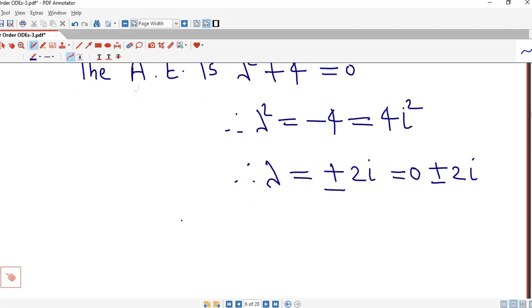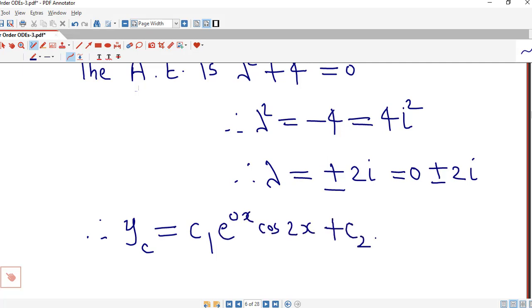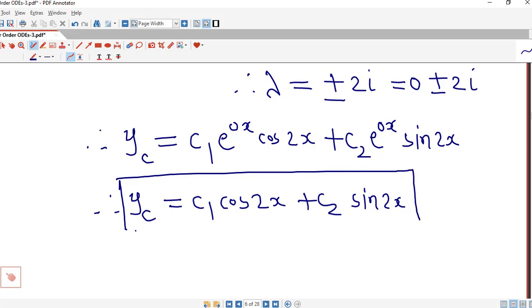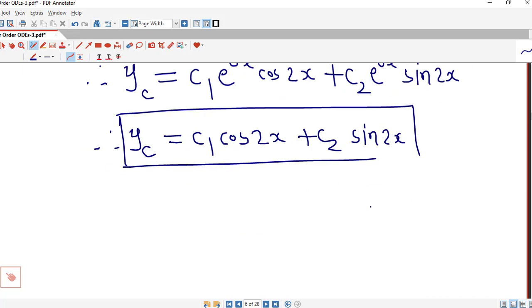So we have a complex pair, therefore the complementary function yc equals c1 e raised to 0x cos 2x plus c2 e raised to 0x sin 2x. c1 and c2 are arbitrary constants, so therefore yc equal to c1 cos 2x plus c2 sin 2x is the complementary function of the given differential equation.